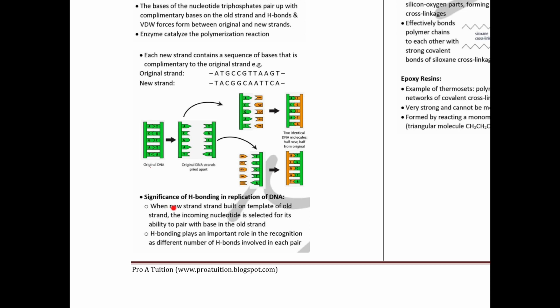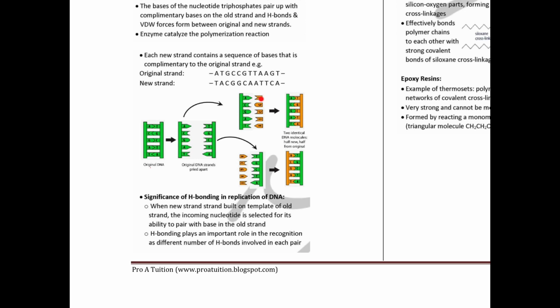So when new strands build on the template of the old strand, which means this thing, this is the old template, this is the new strand. New strand is this one. Okay. The incoming nucleotide is selected for its ability to pair with the base in the old strand. They don't simply pair up, they pair up accordingly. A must pair with T. So how does it happen?